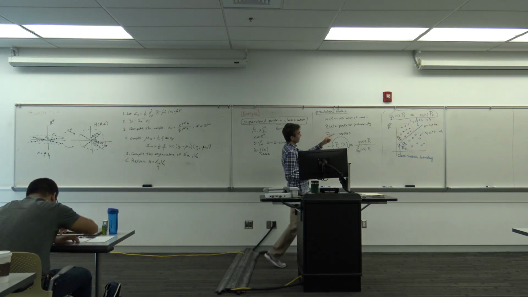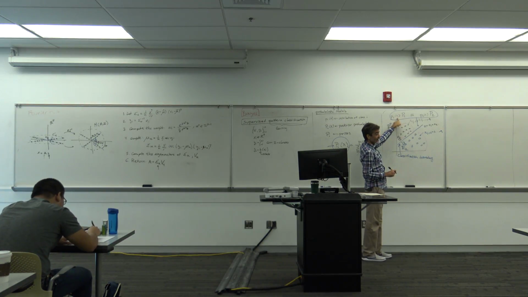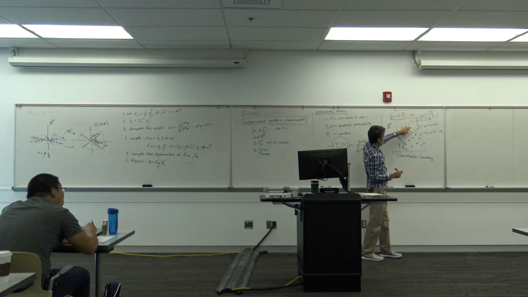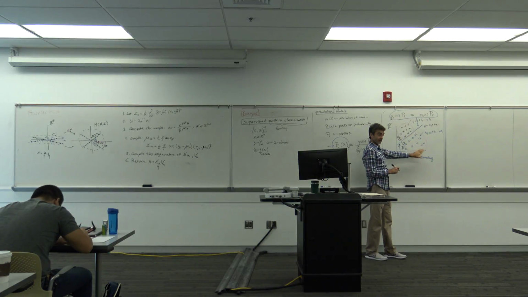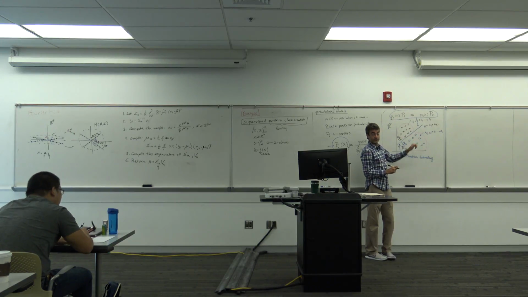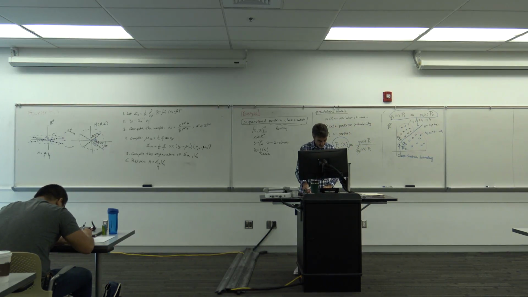That's what this equality tells me. Now, if this one is larger than this one, then I'm in R1. If this one is larger than this one, then I'm in R2.